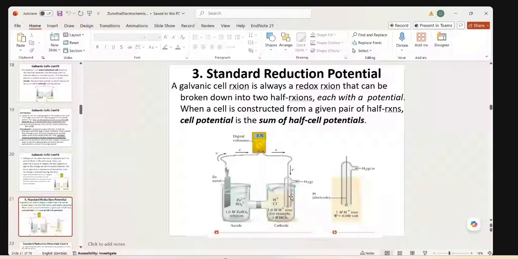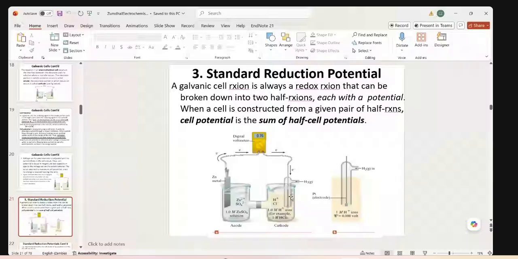Then the charge also: the anode is negatively charged and the cathode is positively charged.